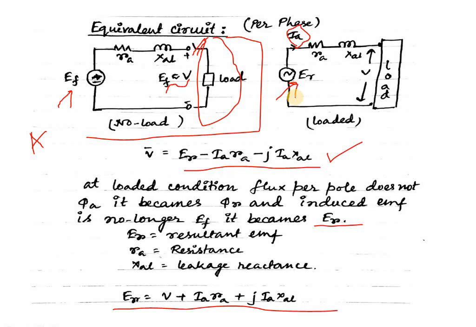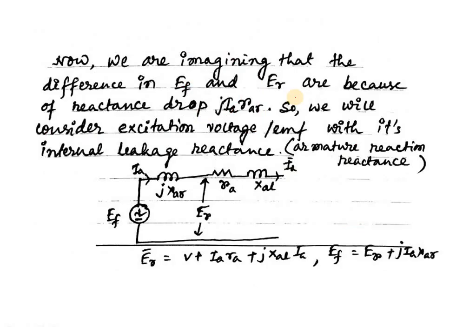Now this is the resultant EMF, which is the combination of V + IARA + jIAXAL. Now we are imagining that the difference between EF, the field excitation EMF, and ER is because of the reactance drop jIAXAR. So we consider the excitation voltage with its internal reactance, that is the armature reaction reactance.